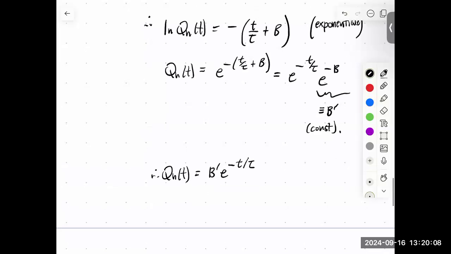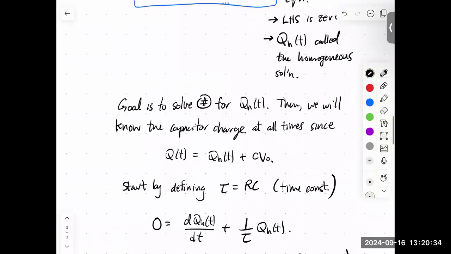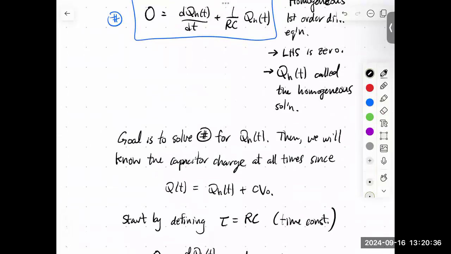So we're going to use our initial condition, which was q, sorry, I have to be a bit careful. So q of t was equal to QH of t plus C V naught, right? That's how we defined it if we go way back to the beginning. So there it is.